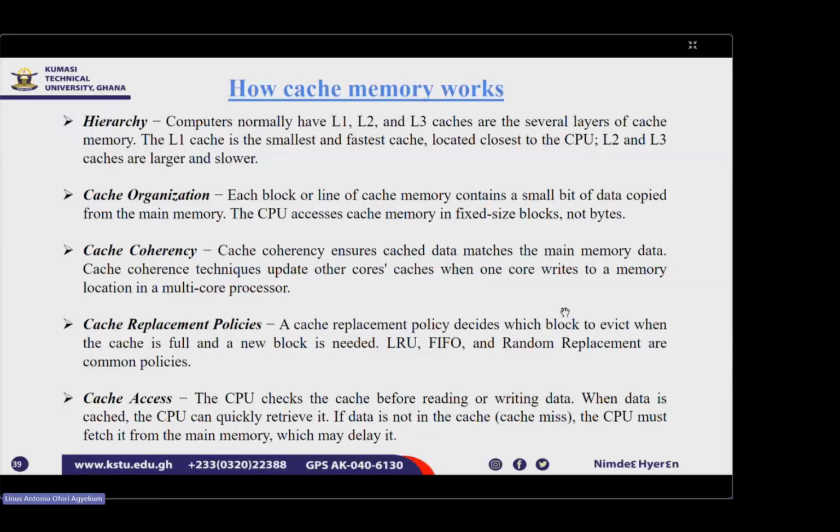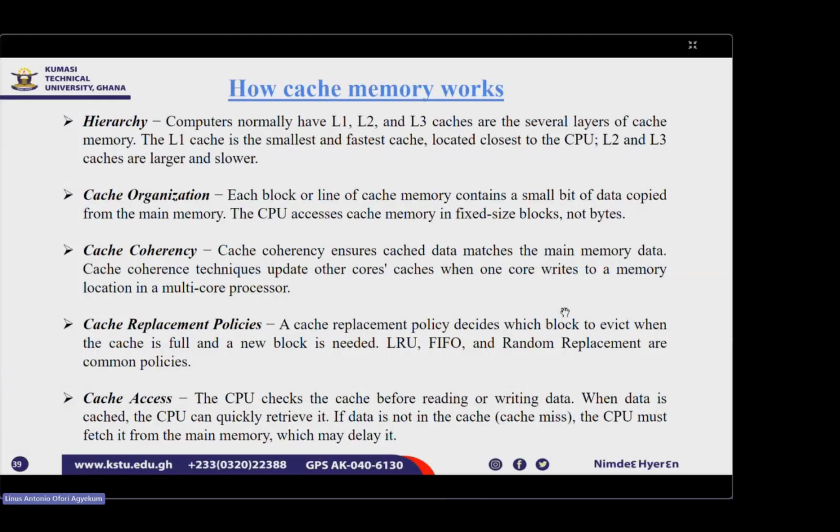Now, there is also cache organization. Each block or line of cache memory contains a small bit of data, which is copied from the main memory. There is also cache coherency.